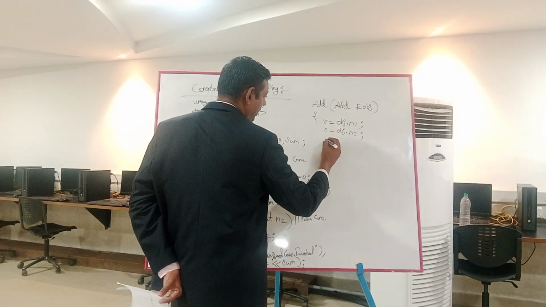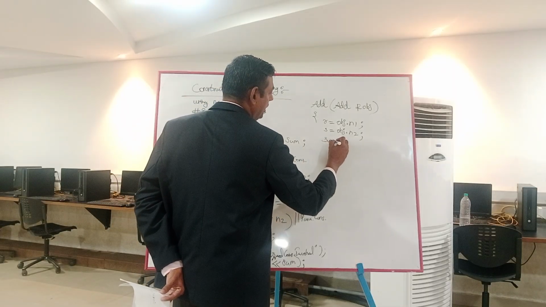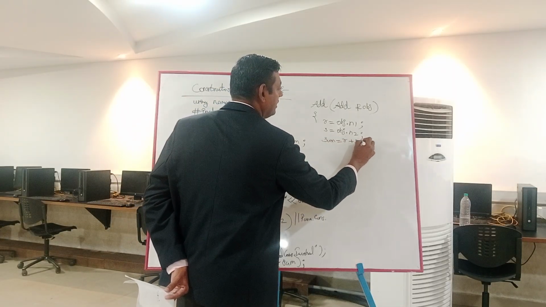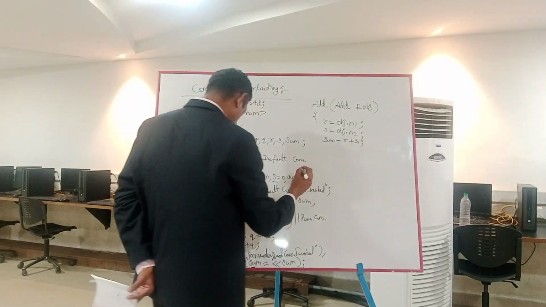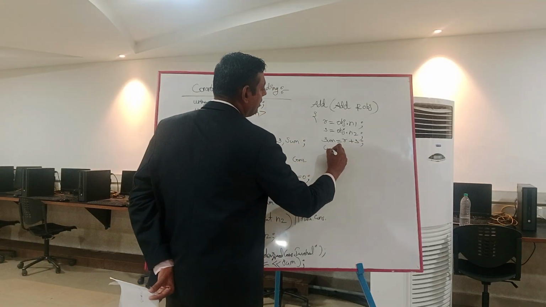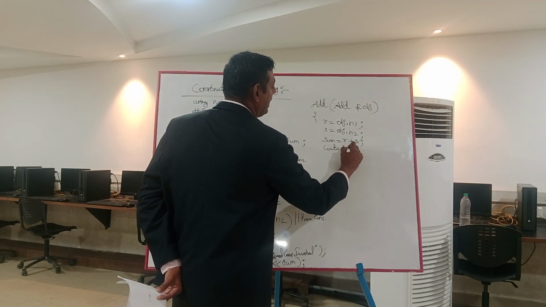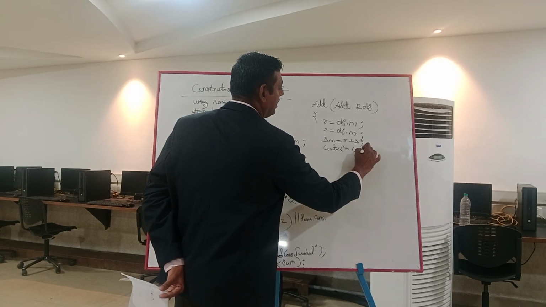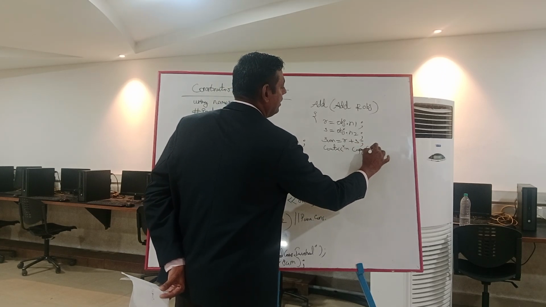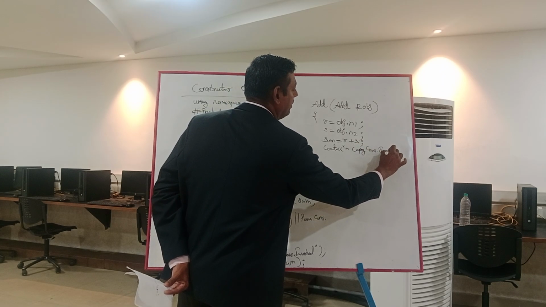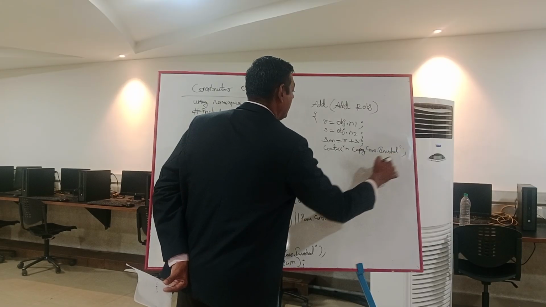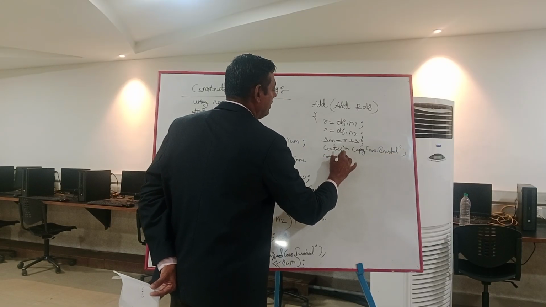Next I can find the sum. So sum is equal to r plus s. Next I can display cout, backslash n, "copy constructor invoked". Next I can display the value of sum.